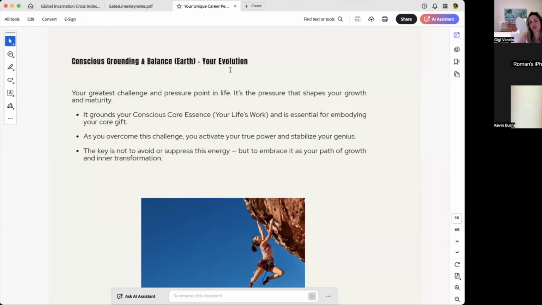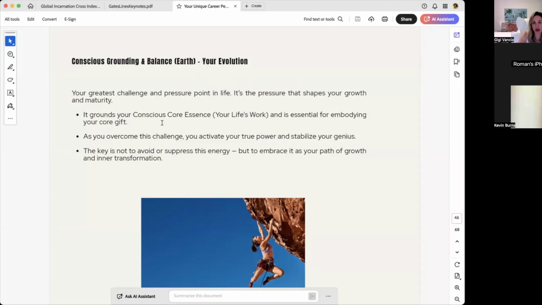Your conscious grounding and balance. So the second line down on the right side, under G, is your evolution. This is kind of like your challenge in life. It shapes your growth and your pressure point, and it helps you to mature.